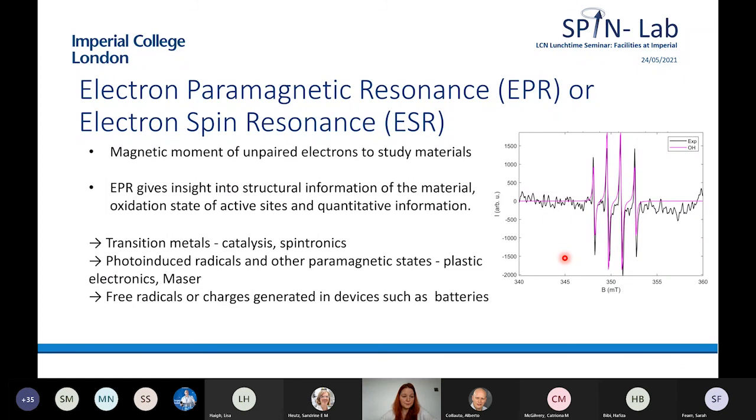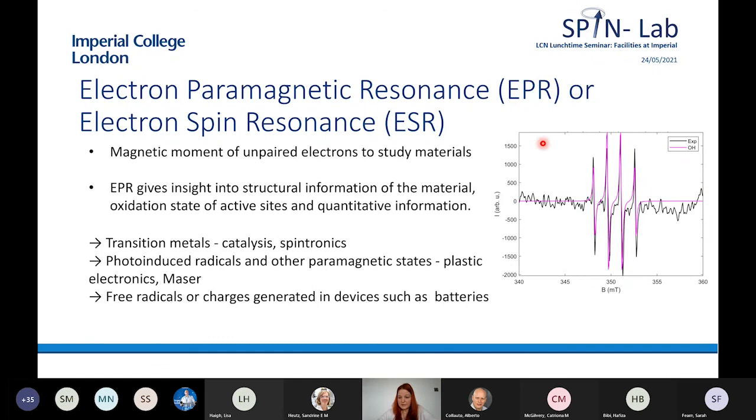EPR can detect subtle changes in the environment of an unpaired electron, and it can also detect radicals in liquids. For short-lived free radicals, spin trapping can be used, which involves the addition of a magnetic moment, usually one component, which reacts with a free radical to give a stable paramagnetic spin, which can then be easily detected and characterized by EPR.